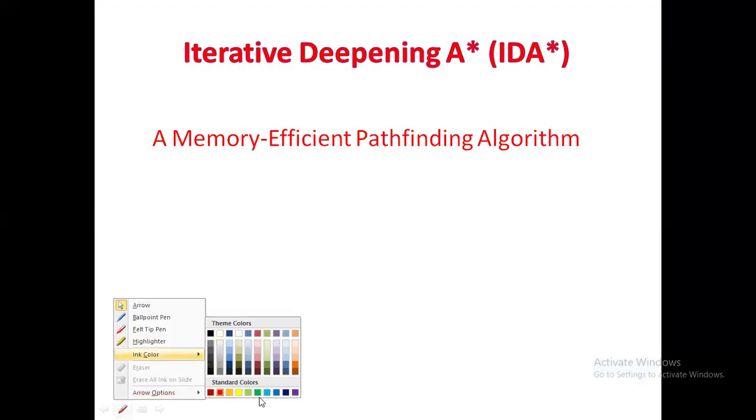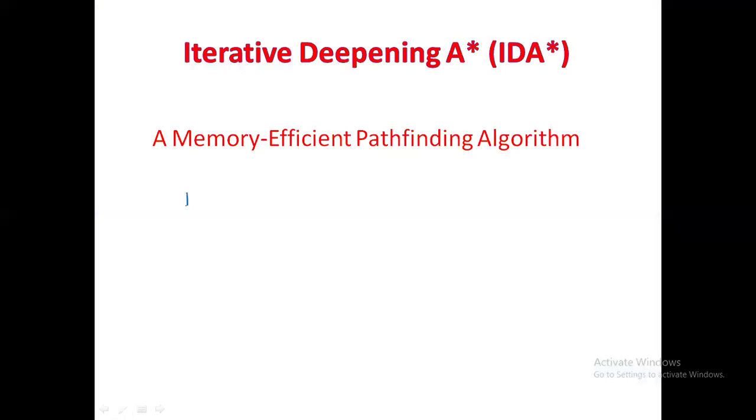DFS, you all know what DFS is. DFS means depth first search. It combines the DFS and the heuristic function. It reduces the memory usage by exploring one path at a time and discarding nodes as it deepens the search.